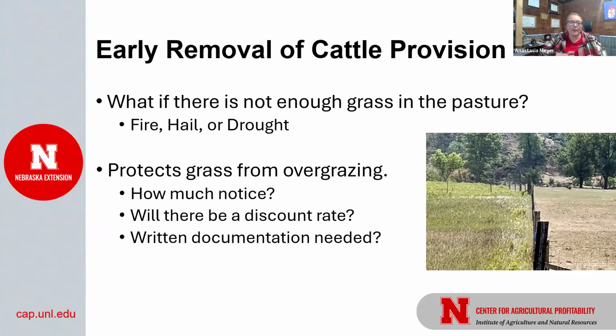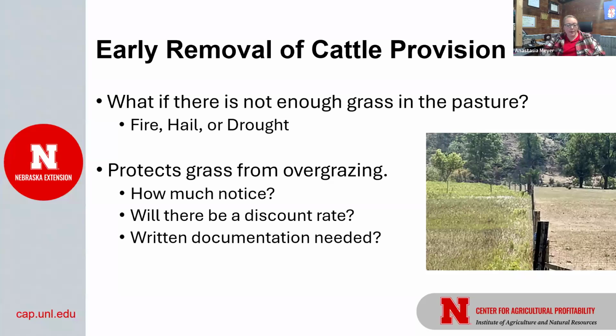So with that, we have this early removal of cattle provision. And so what is this? It's if there's a fire, hail, drought, and there's not enough grass in that pasture, we want to make sure that it's not overgrazed like the right-hand side of this photo here. We want to make sure that our grass is protected and that we are not facing consequences from this multiple years down the road.